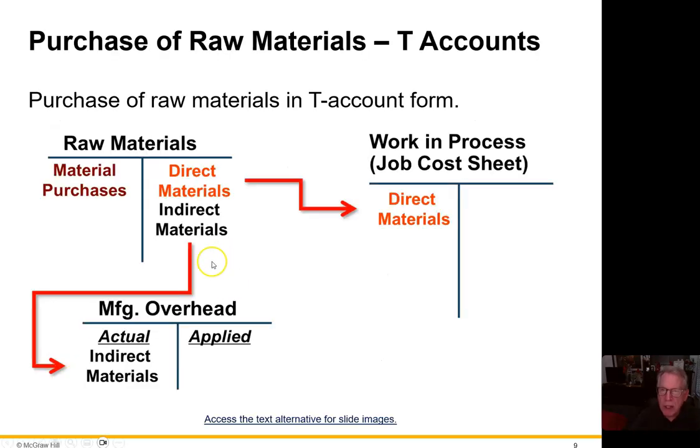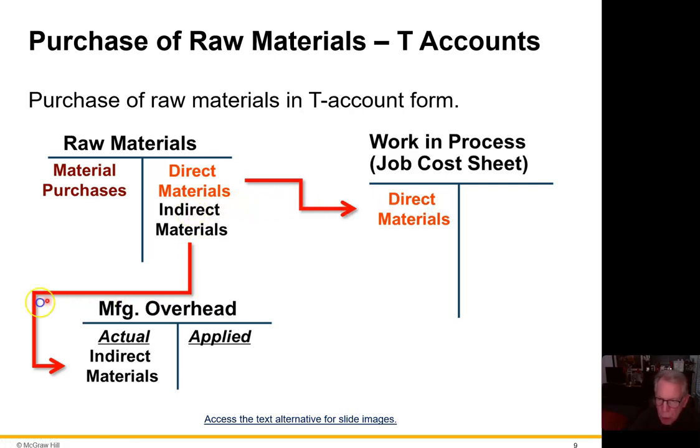Okay, so if we look at T accounts here, here's our raw materials. We debit raw materials inventory when we purchase that, and credit accounts payable usually to pay for it. Now, one of two things happens to that. Direct materials goes directly into the jobs.